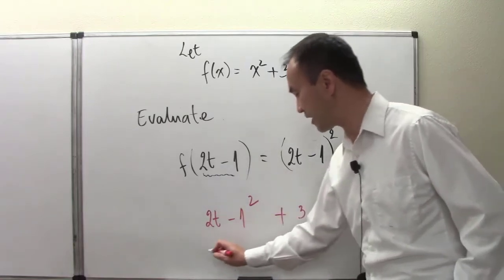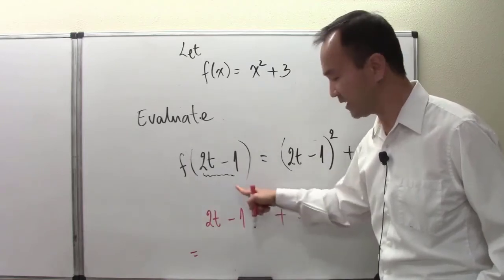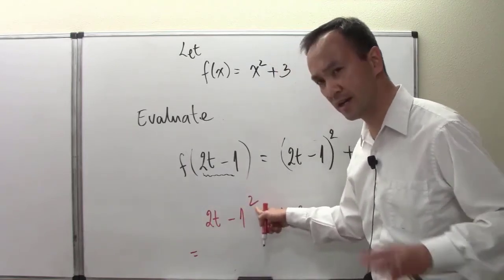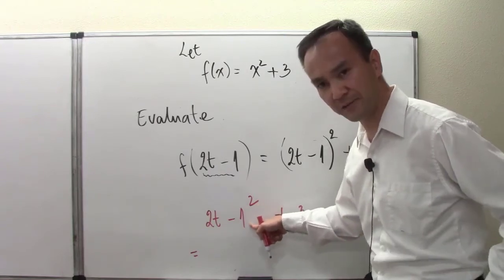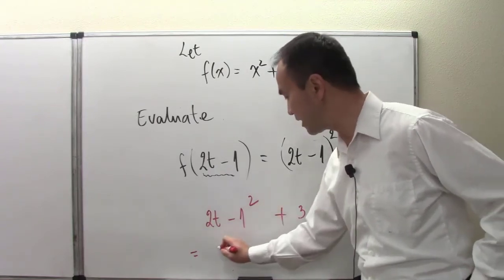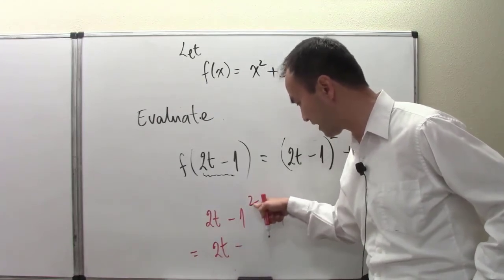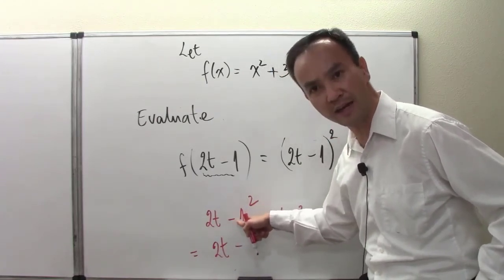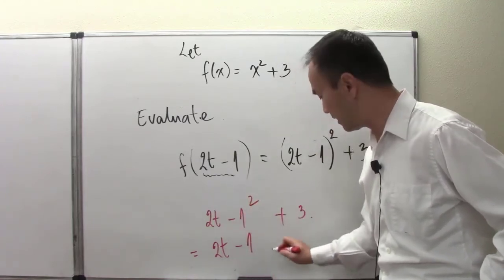When anyone attempts to simplify this expression, the square here, according to the order of operations, is only effective for that 1. So we simplify that as 2t minus, see, 1 squared is 1, and that square is not even including the minus sign, so it's minus 1, and then plus 3.